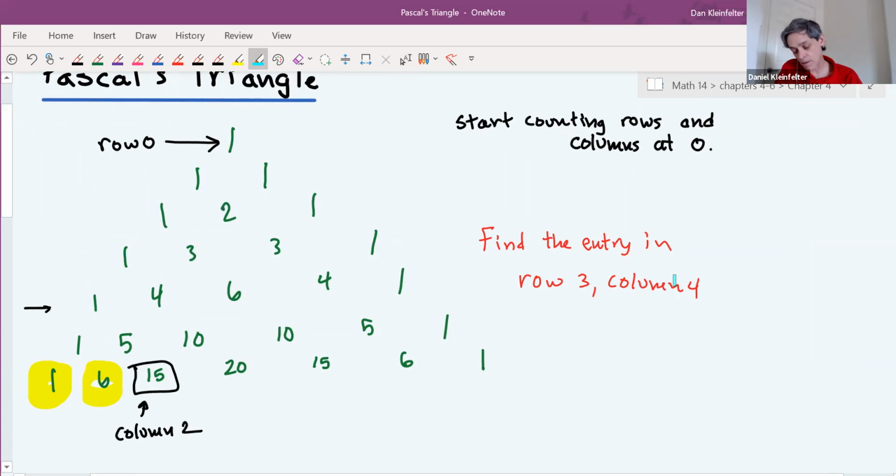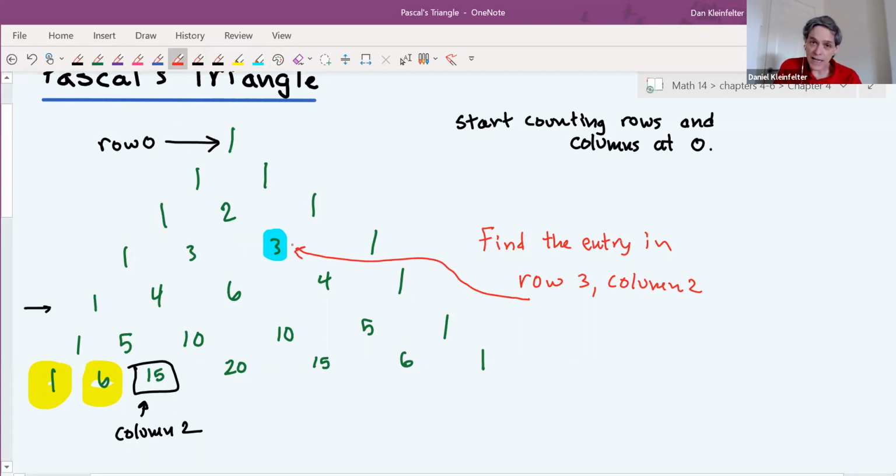There is no column 4. So let me make that column 2. Sorry, that was kind of anticlimactic. So 0, 1, 2, 3, 0, 1, 2. So that is the row 3, column 2 entry.